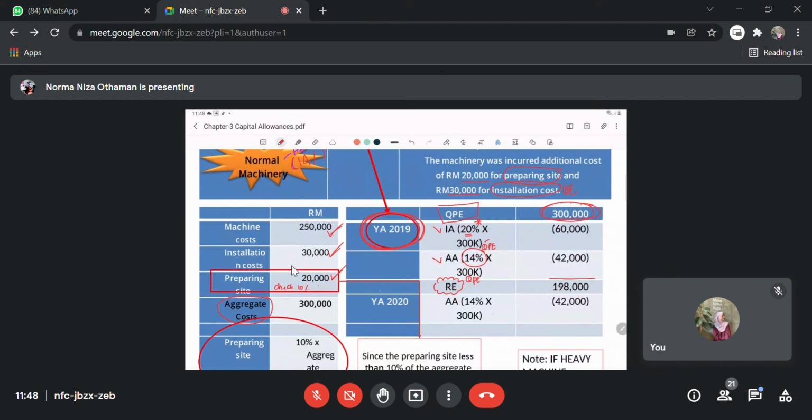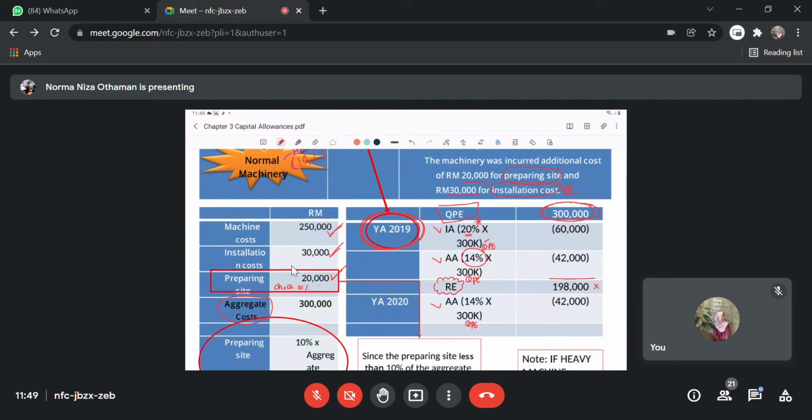So that's why in year of assessment 2020, we only claim the annual allowance. If you look, we take the rate 14% times the QPE. Never multiply with the RE. To claim initial allowances or annual allowances, you can only claim from the qualifying plant expenditure.